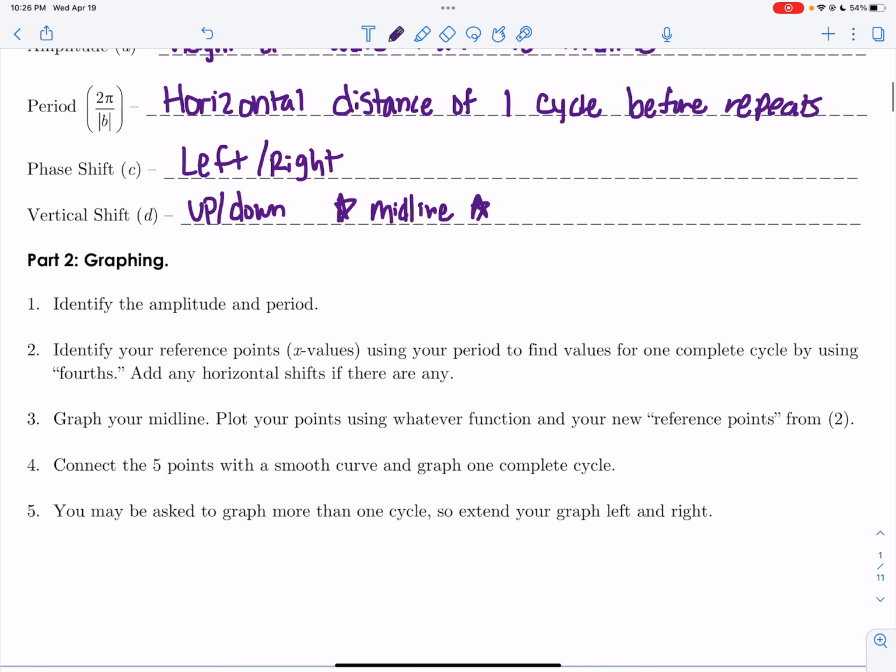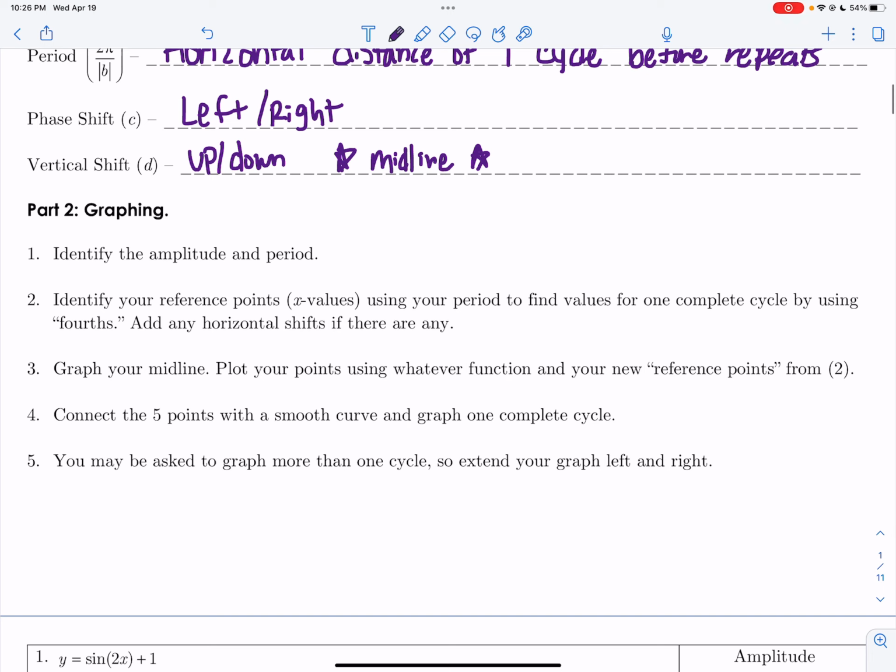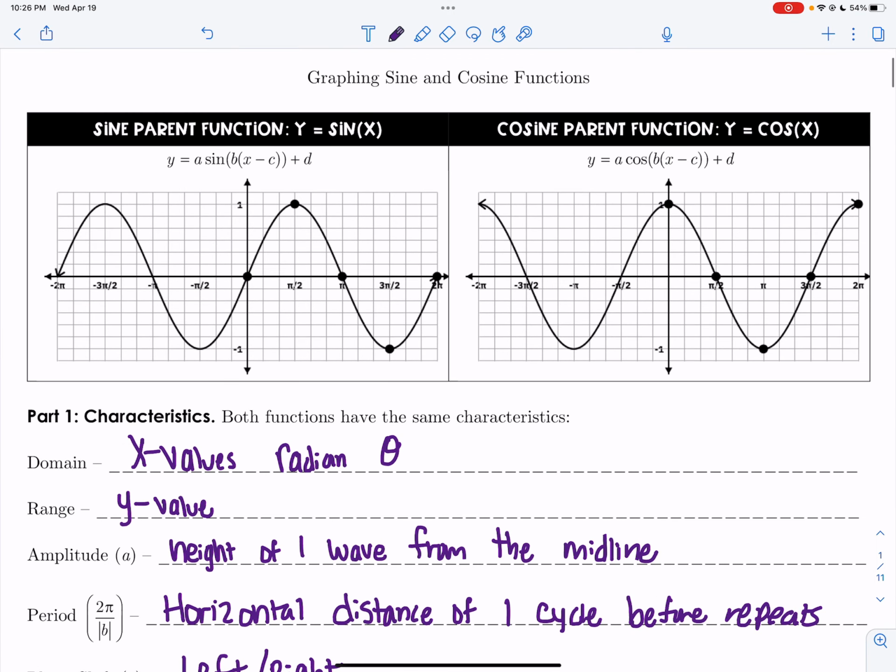We're going to identify my reference points by using my period to find values for one complete cycle by using fourths. And then we are going to add any horizontal shifts if there are any. We're going to graph the midline, which is my new x-axis. And we're going to plot the points based off of it being a sine function or a cosine function.